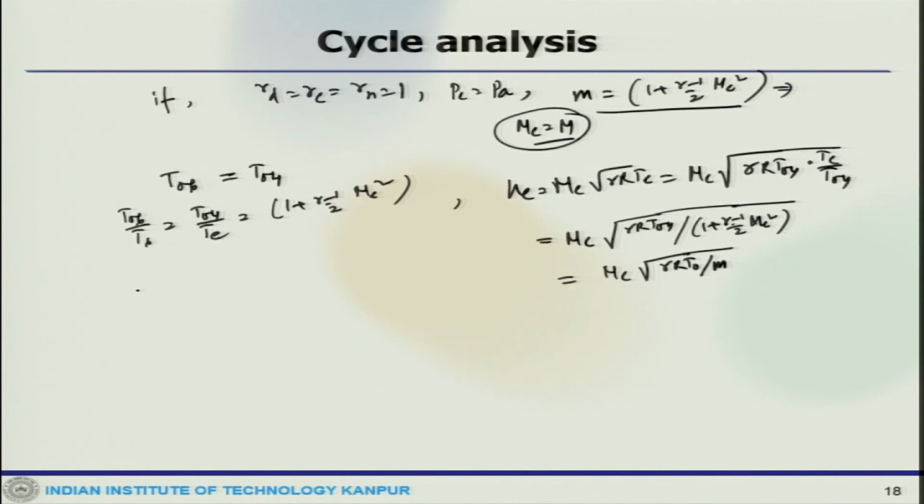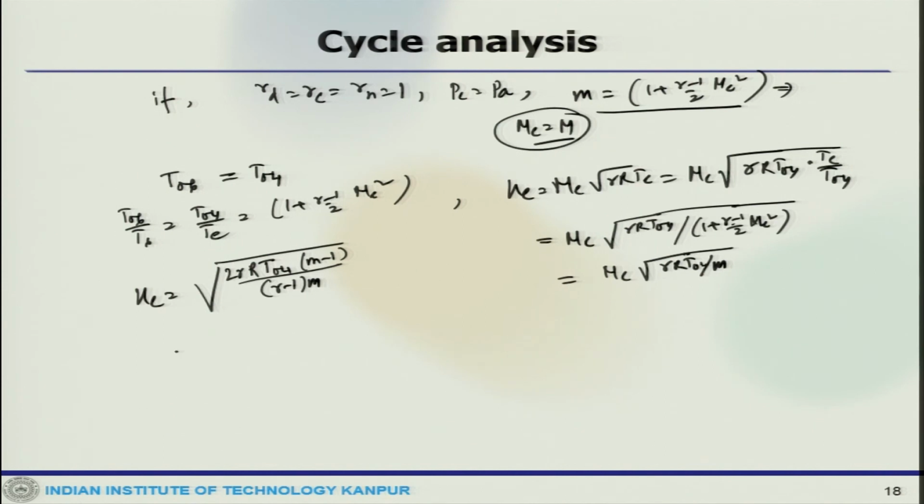Substituting this, what we get is u e equals square root of 2 gamma R T naught 4 into m minus 1 by gamma minus 1, by m. So, irreversibilities have no effect on total temperature throughout the engine.